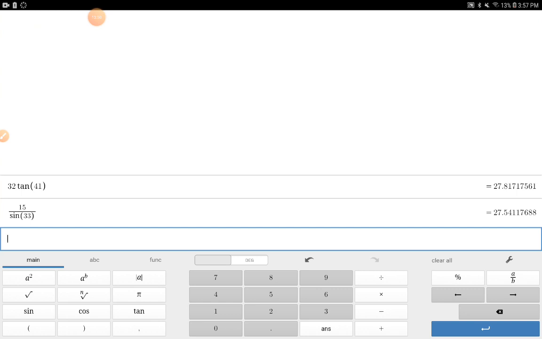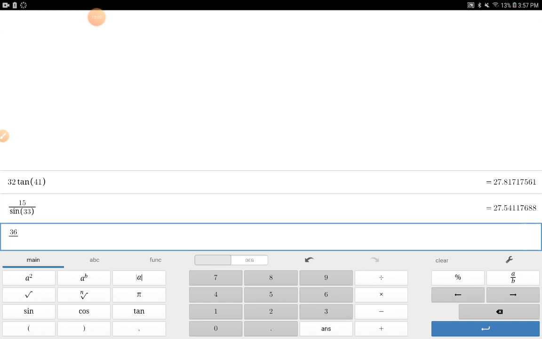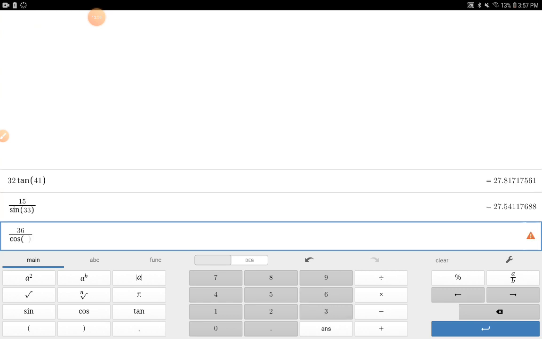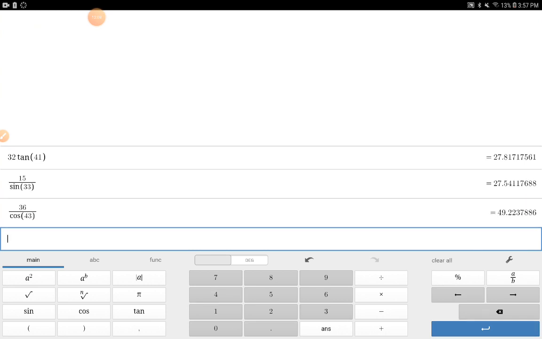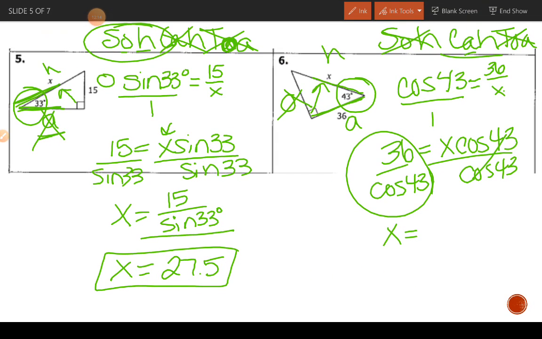So I'm going to type in 36 divided by cosine of 43. Enter. I get 49.22. The second 2 tells the first 2 to stay. So my side length is going to be 49.2. And that's how you find missing sides using our trig ratios.